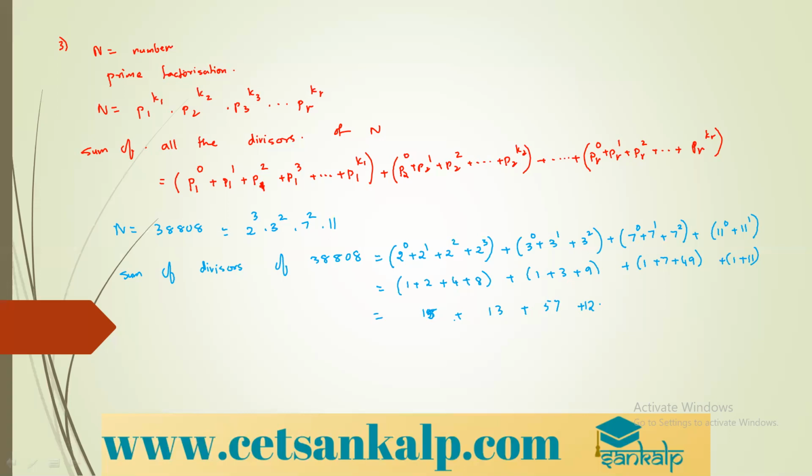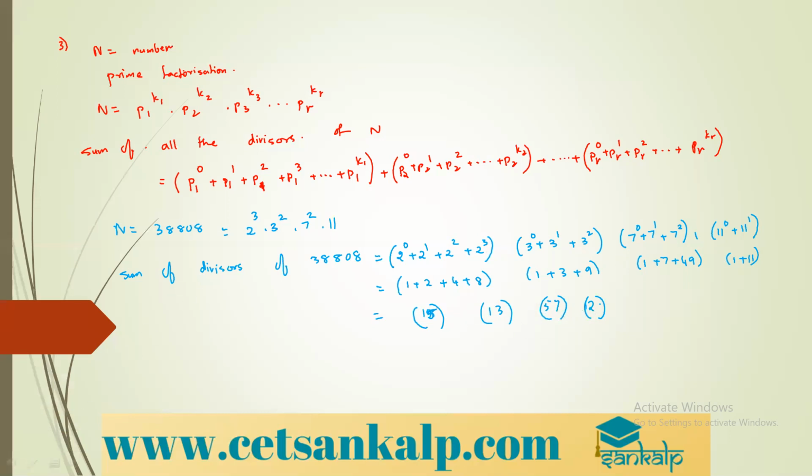Okay, so now we have to multiply all these. To find the sum, we have to multiply. Now I will erase all these and write multiplication everywhere. So we will multiply all these.